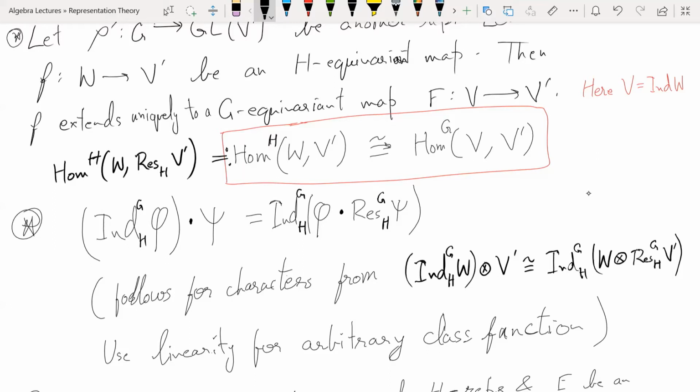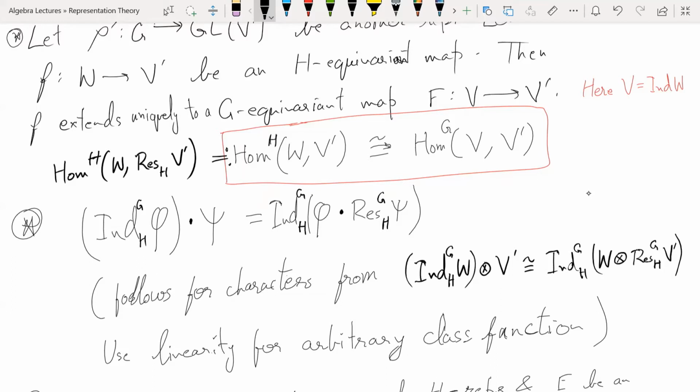Once you prove this for representations, it follows for characters. Then you use the fact that any class function is a linear combination of characters, and multiplication of class functions is a bilinear map, meaning the distributive law etc. holds.